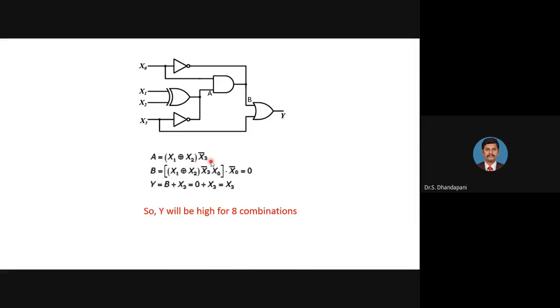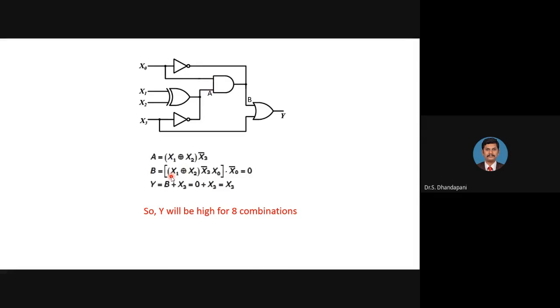into X3 bar. Now, this point B again has the same logic, where the output of the AND gate and the output of the inverter are both connected. So the output of this AND gate will be, at this point I already have A as input, and at this point I have X0. So the output of this AND gate is A dot X0.